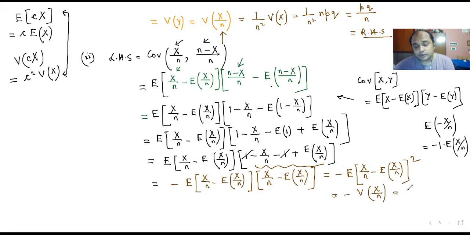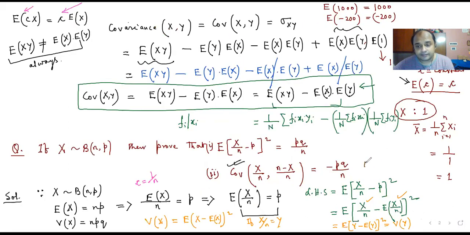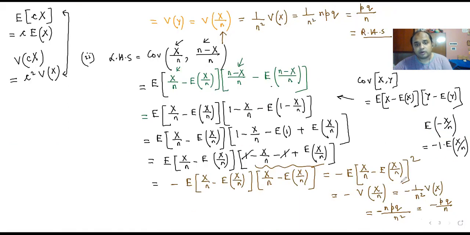You can take 1 by n outside, so we get 1 by n square, and it is variance of x. Since x is the binomial random variable, you can put the variance formula npq divided by n square, preceded by a minus sign, and thus we get minus pq by n, which is the right hand side. Just look at it. We have got our right hand side.